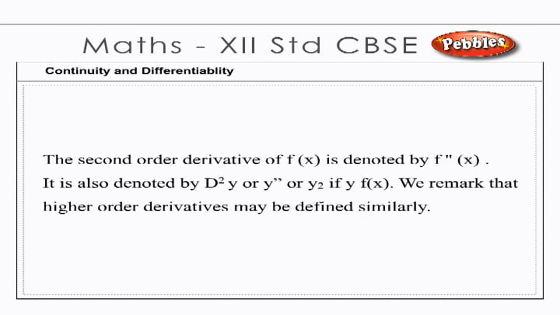The second order derivative of f(x) is denoted by f''(x). It is also denoted by D²y or y'' or y₂ if y = f(x). We remark that higher order derivatives may be defined similarly.